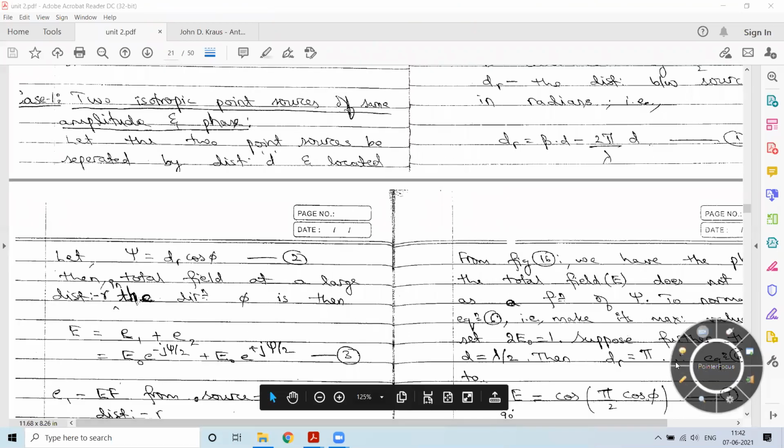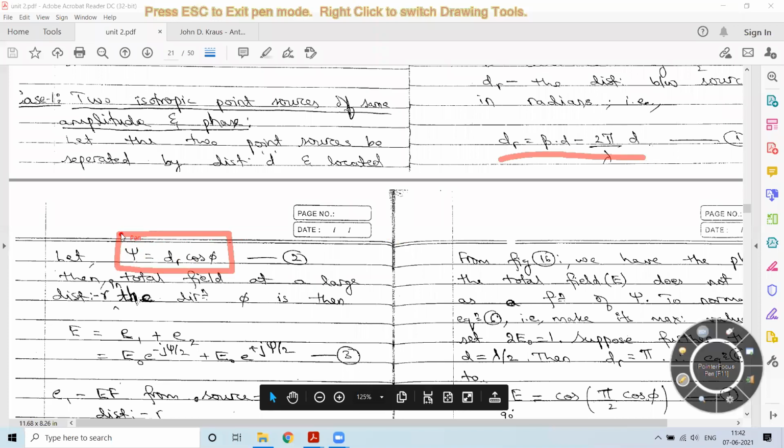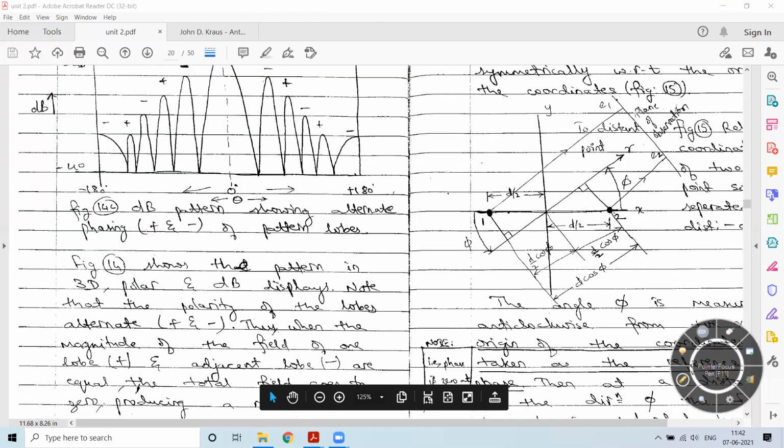As we mentioned, dr is given by beta times d, and we assume that psi is equal to dr cos phi. Therefore, we need to estimate the total field at the distance r due to source 1 and source 2. It is nothing but the vector addition of these two fields, because electric field is a vector quantity. The total field will be a vector quantity wherein we have to take the vector addition of these two.